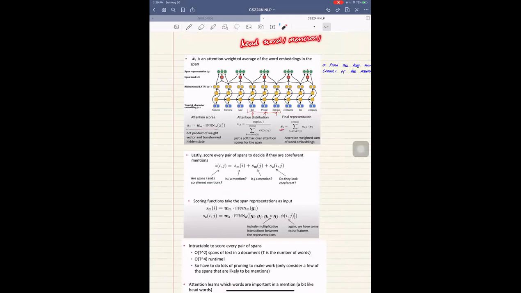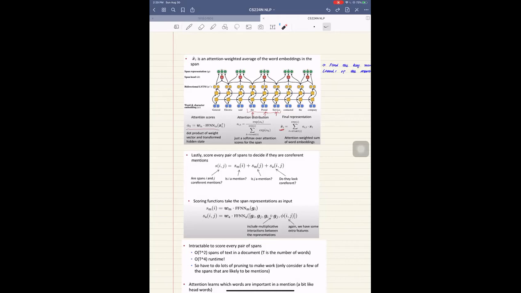Or the most important word, the keyword of this span. Which word should be the most important word of this span? That's the question we care about, because we need to find a mention, then we can link the mention to other references, or to other anaphors or antecedents.